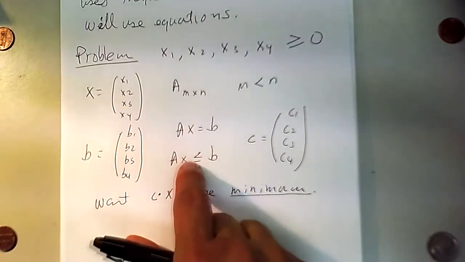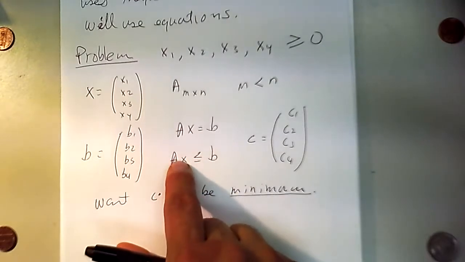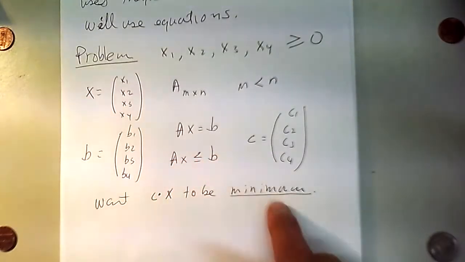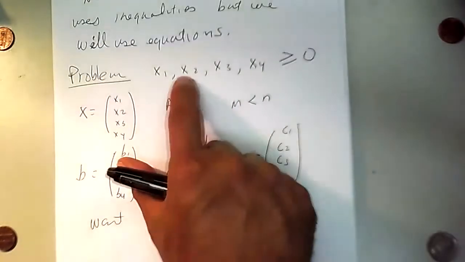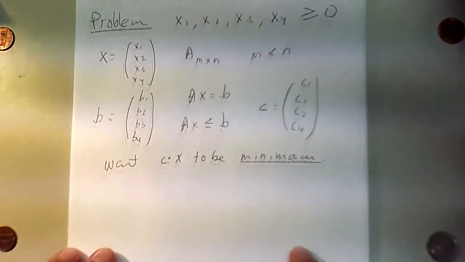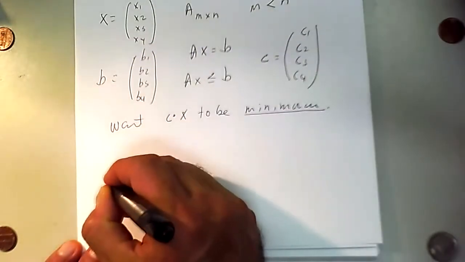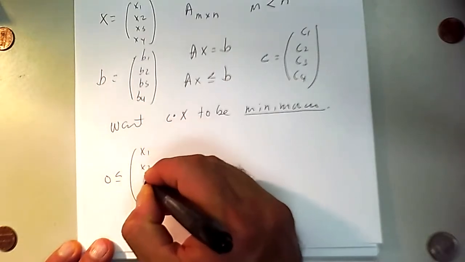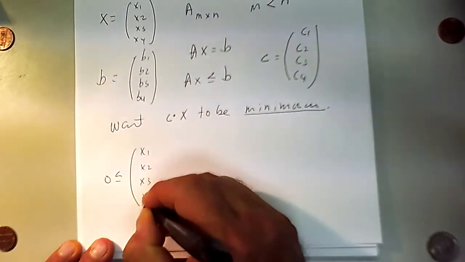What we mean by this is that every element in this vector is smaller than every element in that vector. So for instance, one requirement here may be written as 0 is less than or equal to x1, x2, x3, x4.